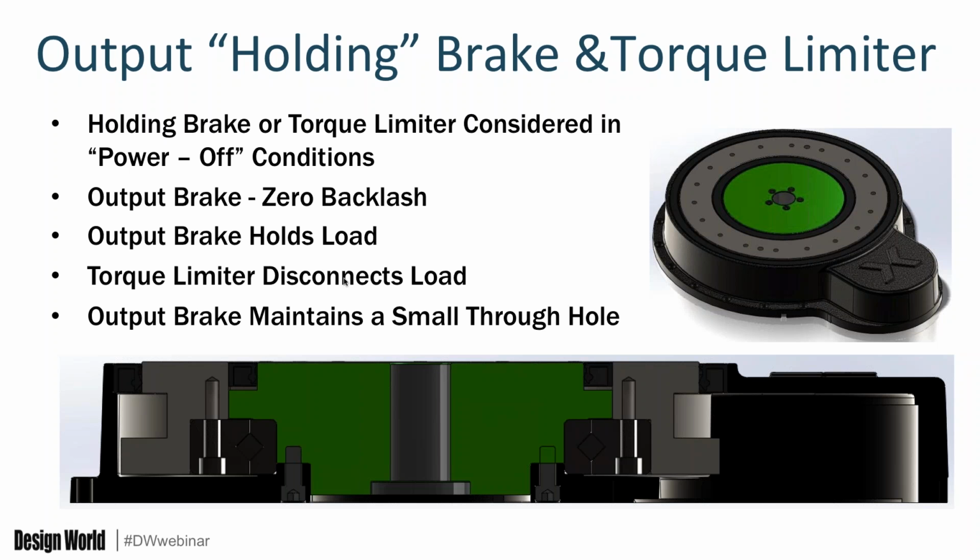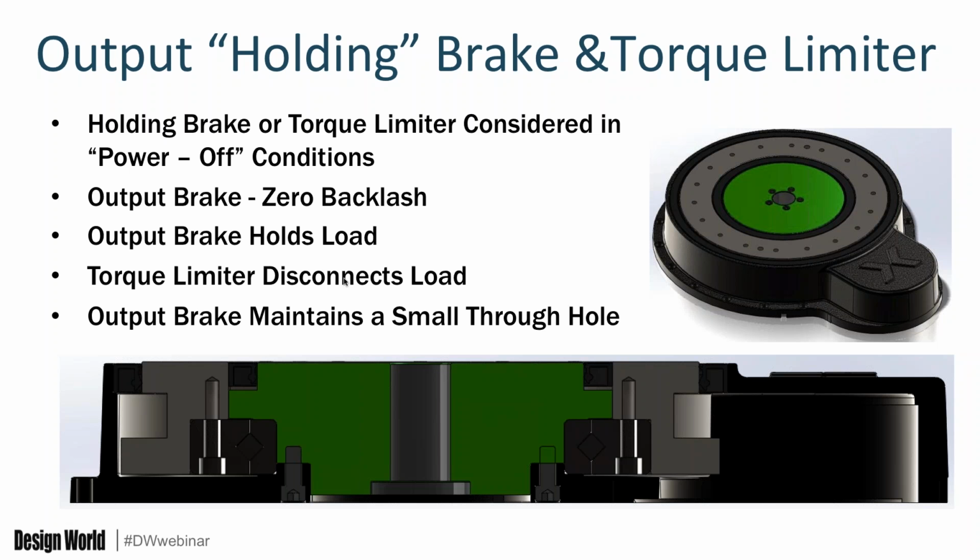In this example, we actually have a brake, and another way to accomplish power off condition is to consider a backlash-free brake at the output. The brake will hold the load, and it will also prevent any type of freewheeling of the load. So in this illustration, you have a compact ring drive product that utilizes the option of an integral brake right into the center opening.